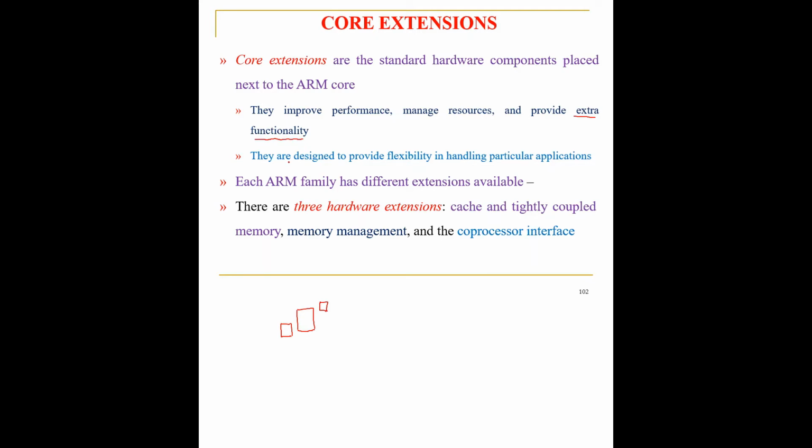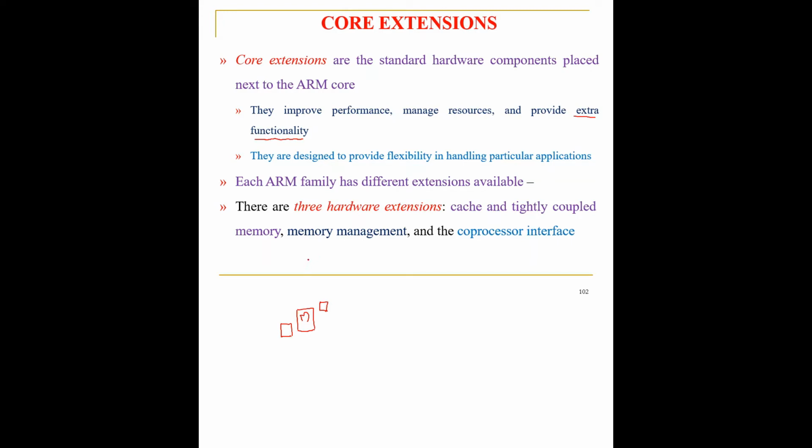They are designed to provide flexibility in handling a particular application. What it means is, if your main processor is not able to do a particular task, then the task to be performed as an additional function will be done by the extra processors that are placed very close to the main core.